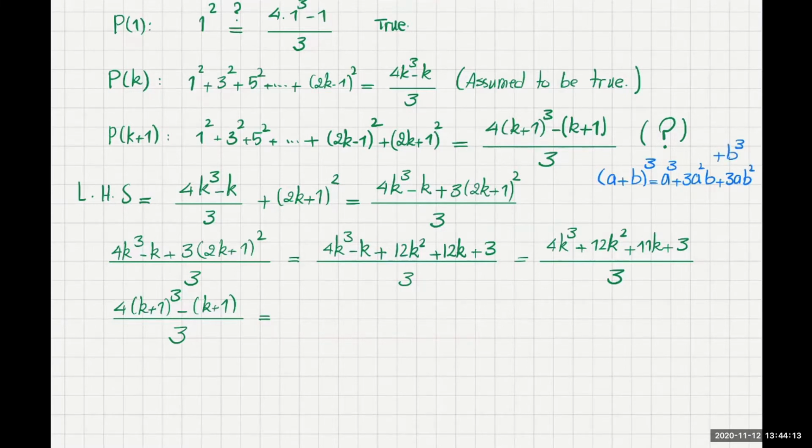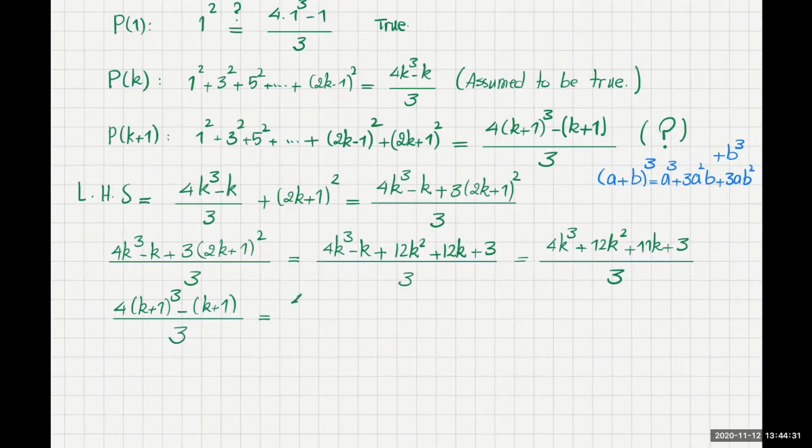Okay, so I use this formula, this is an algebraic identity, to expand this expression. k is playing the role of a, and 1 is playing the role of this b, yes? So then what happens? So it becomes 4.